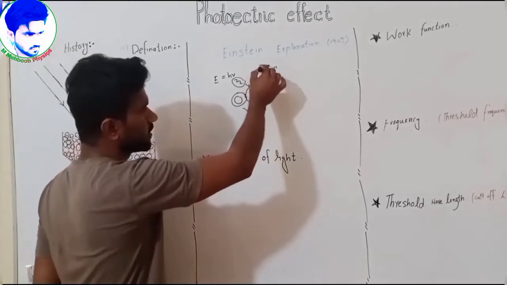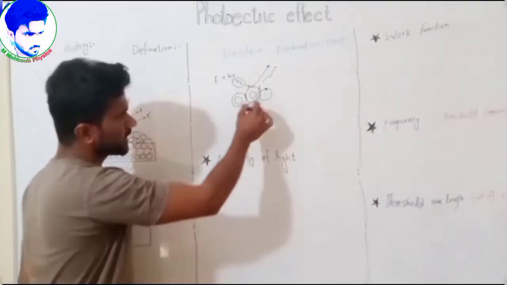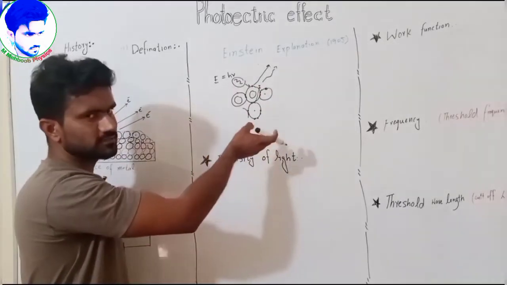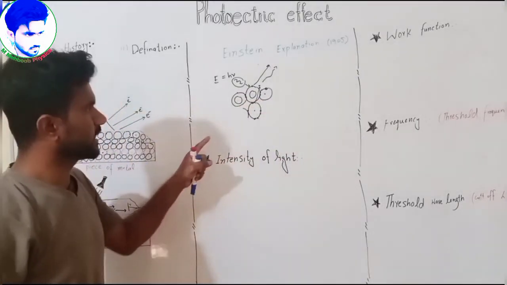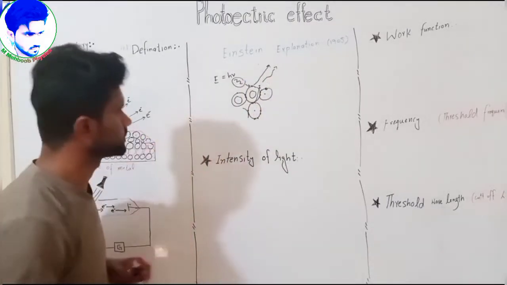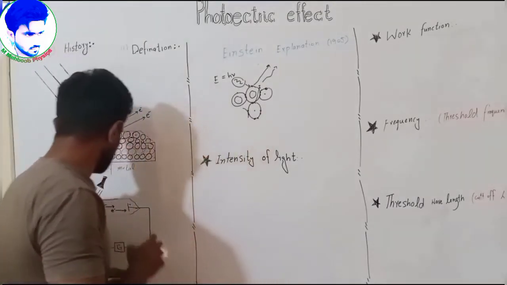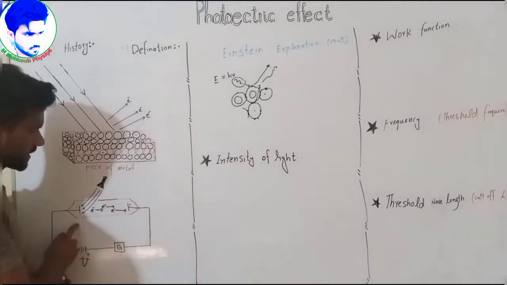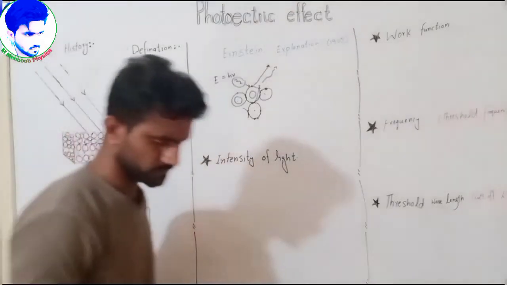So the electron ejected from the surface of the metal will have greater kinetic energy, and the electron ejected from under the surface, from the core or middle of the metal, will have lower kinetic energy than that ejected from the surface. So that is the reason that electrons emitted from the same metal surface with the same light have different kinetic energies.